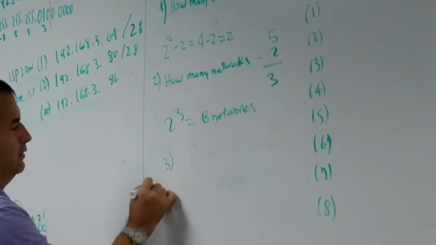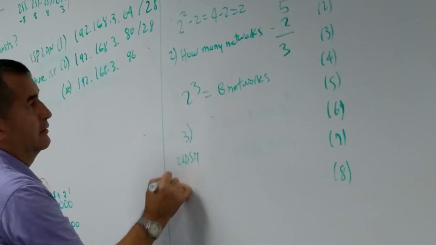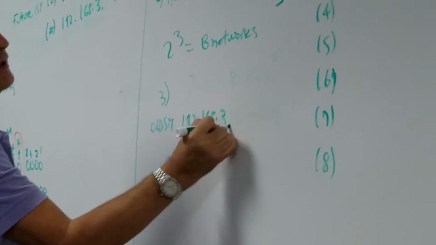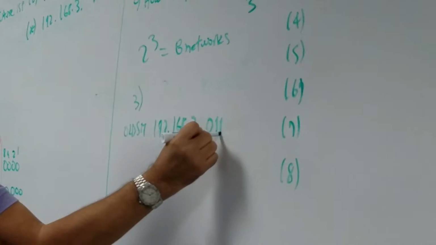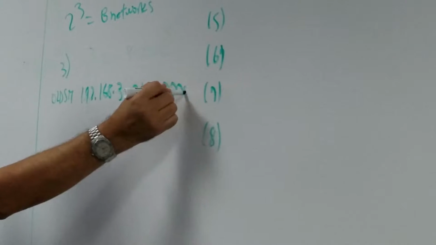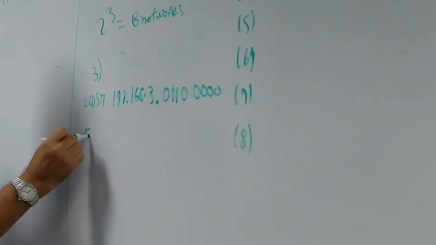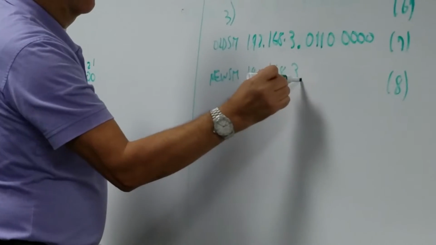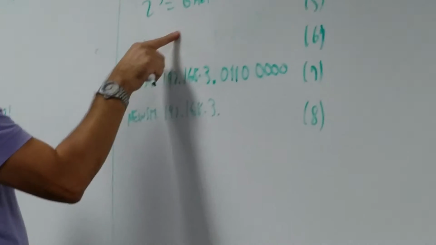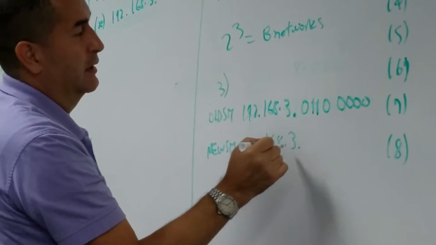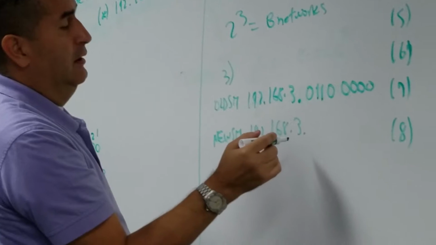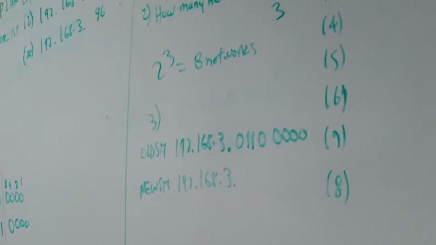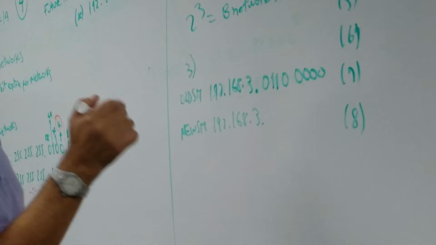Okay, mighty number 3. All right, so the subnet mask. That's gonna be 192.168.3, and we're gonna put 0, 1, 1, 0. What is gonna be the new subnet mask? Remember, now the new subnet mask is gonna be actually only 2 for the host part, so it's gonna be like this.